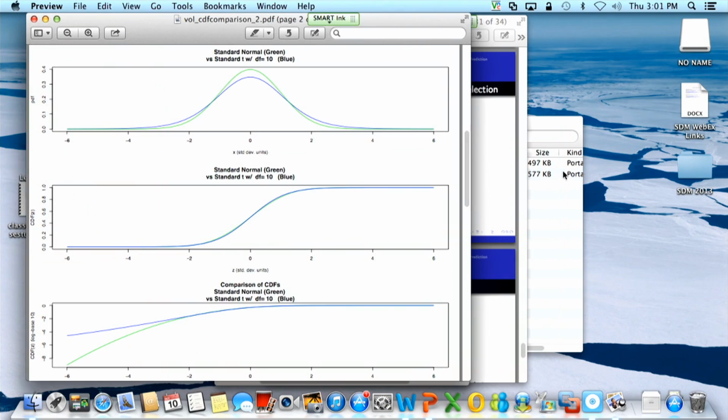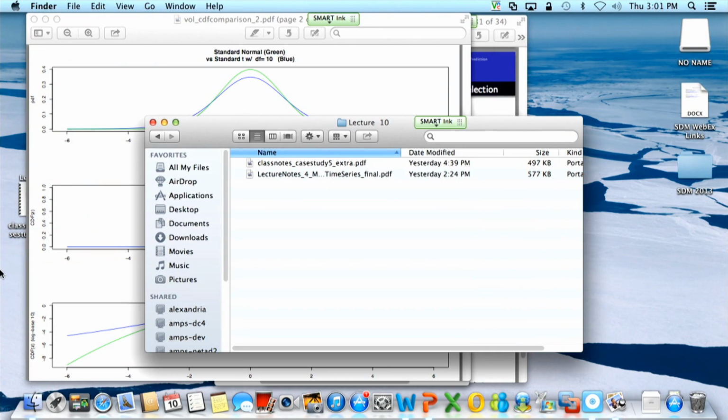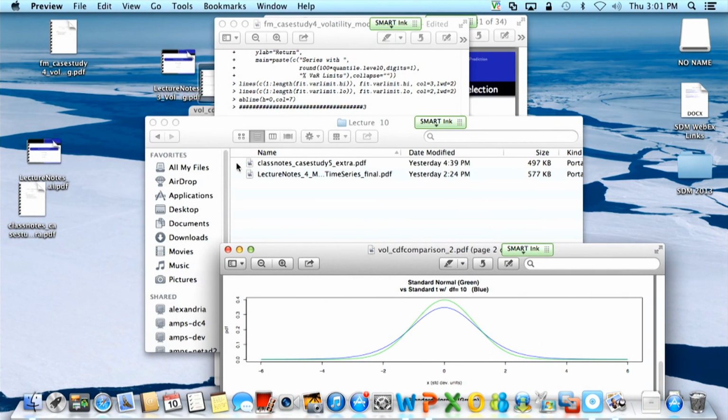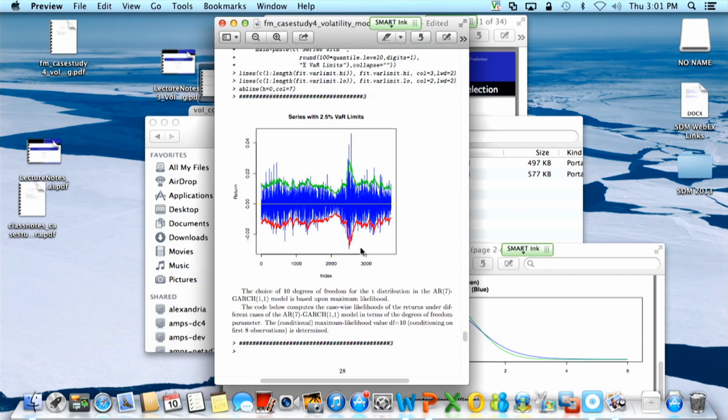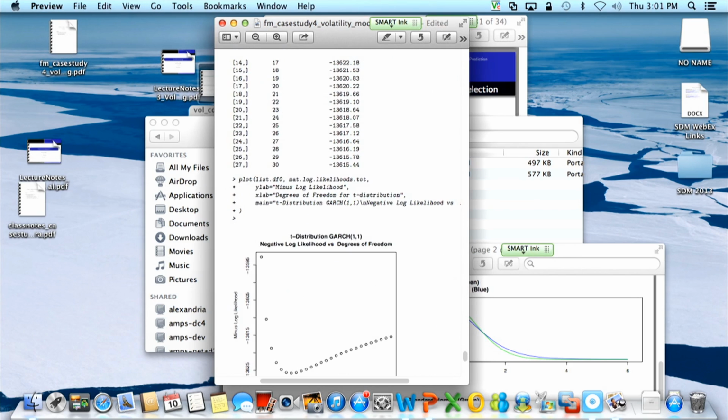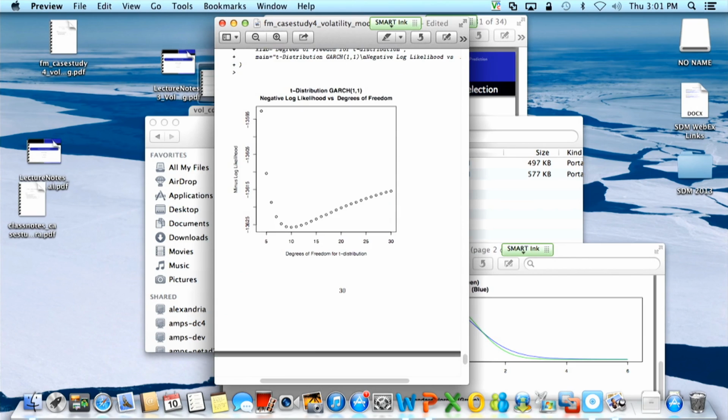Let's go back to this case note here, which goes through actually fitting the t distribution, identifying the degrees of freedom for this t model.